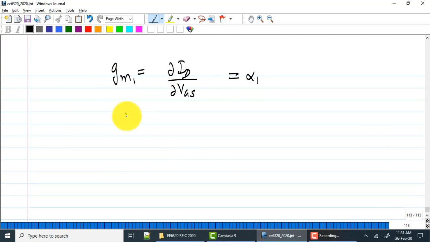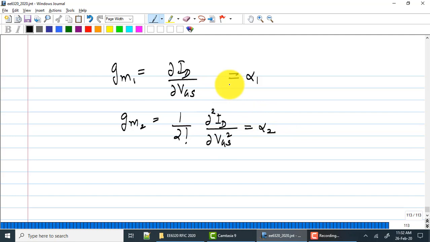So you can now derive alpha 2 and alpha 3 also. Alpha 1, alpha 2, alpha 3 will be proportional to this.